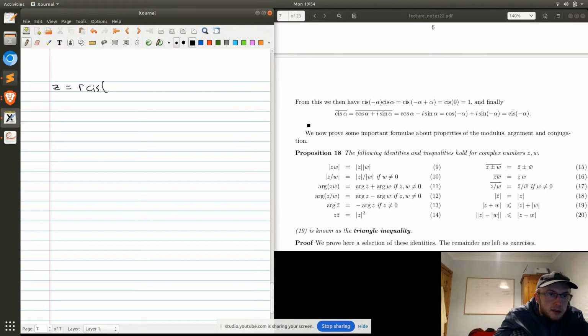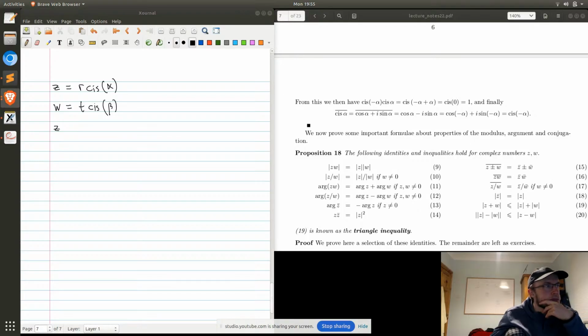Z is R cis alpha. W is T cis beta. And how to do that?